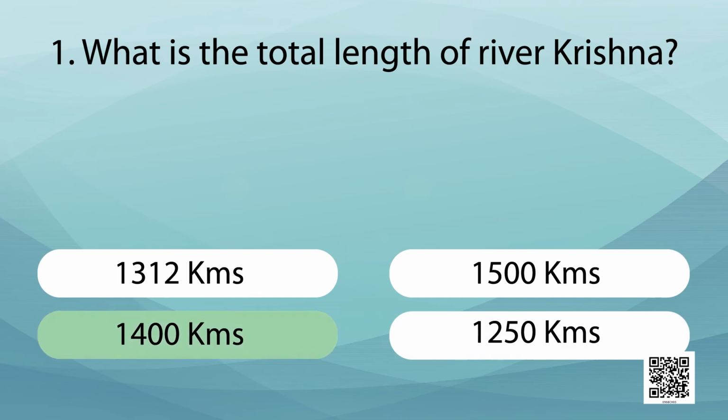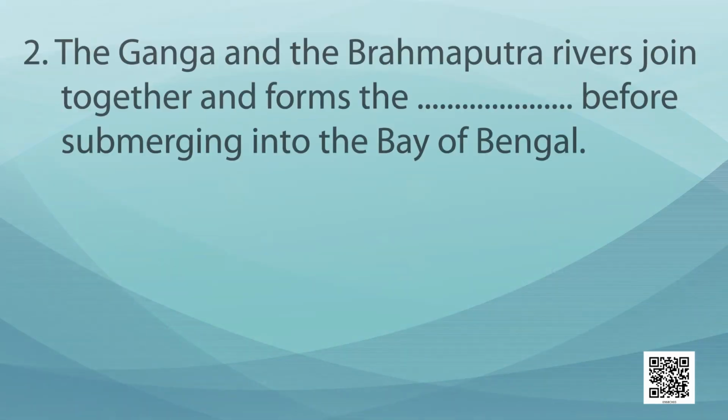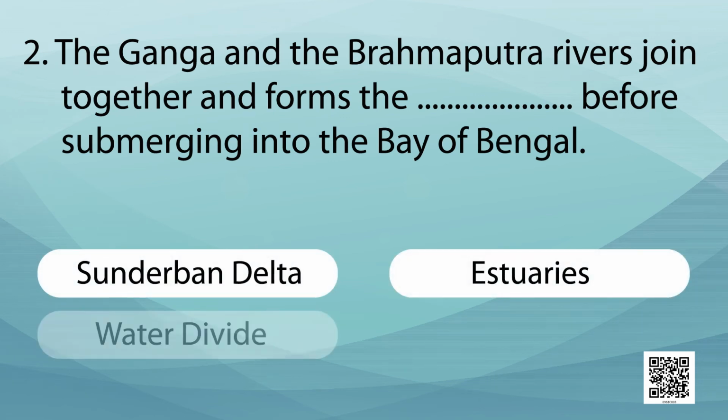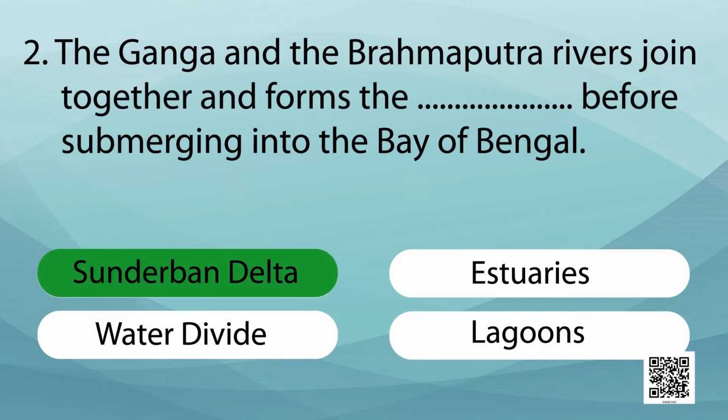It is 1400 kilometers. Very good. Moving on, the Ganga and Brahmaputra rivers join together and form the dash before submerging into the Bay of Bengal. Sundarban Delta, estuaries, water divide or lagoons. It is the Sundarban Delta. Very good.